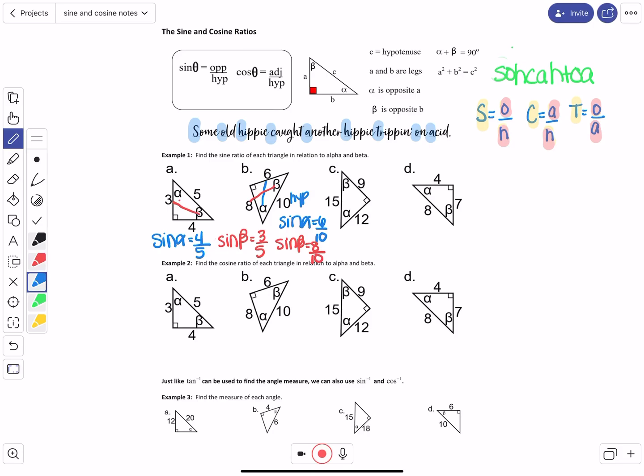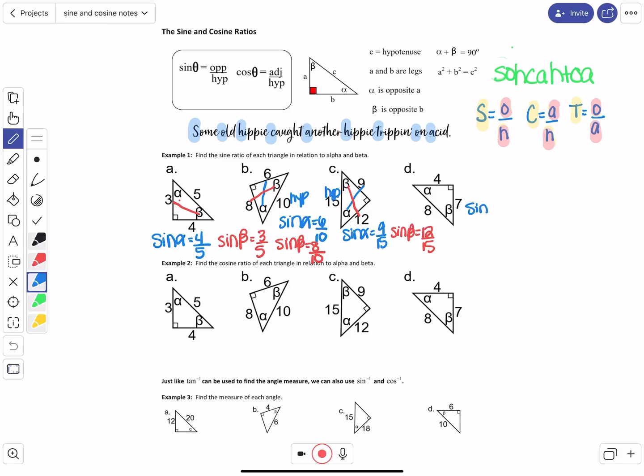All right, for C, here's your hypotenuse. So sine of alpha, if you go opposite, is 9, so 9 over 15. And then sine of beta, if you go opposite of beta, is 12 over 15.